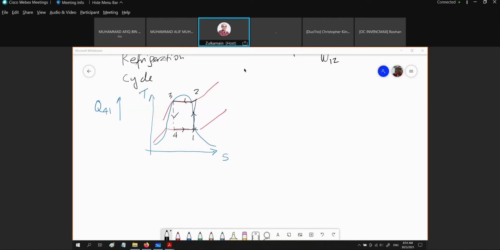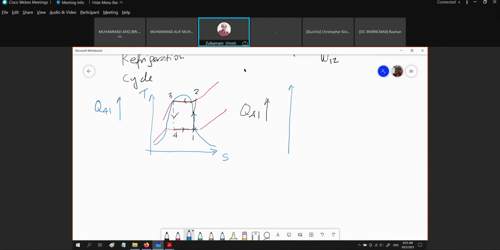Then state 2 will become superheated vapor. Again, we want to further increase the Q41, so we introduce the beginning of the compression process at the superheated vapor side. Let us look at this modification.